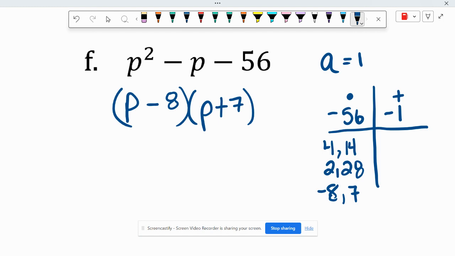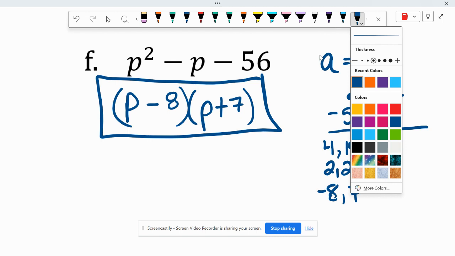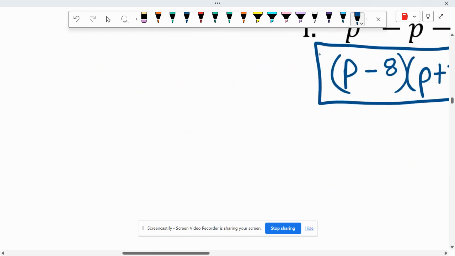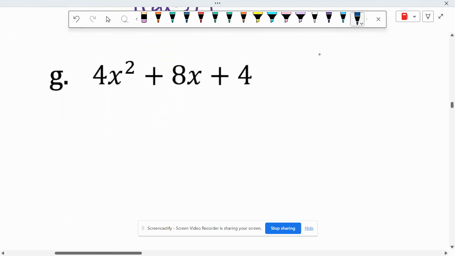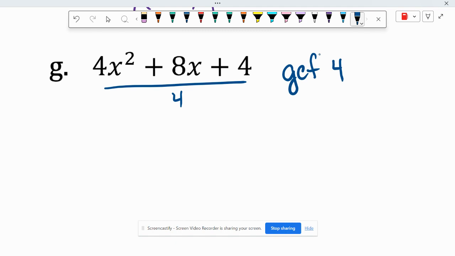All right. I'm going to drop down to G. G is another one of those special products, a special binomial. Do we see a GCF in here? Yes, we have a GCF of 4. So I'm going to take a 4 out of everything, and I get x squared plus 2x plus 1.